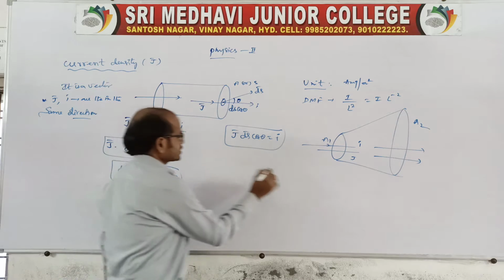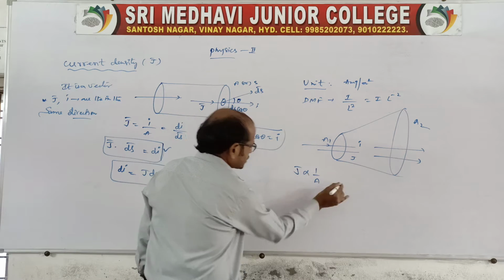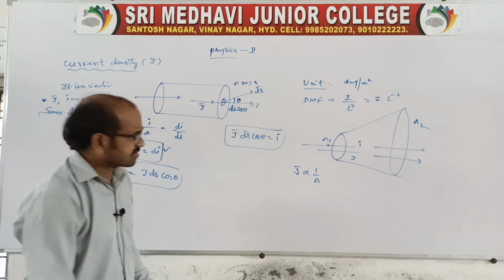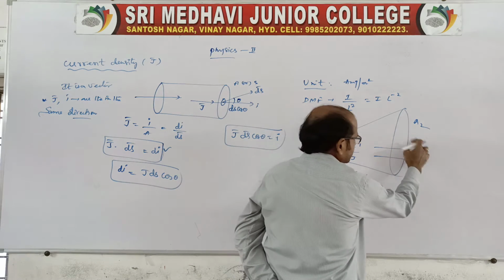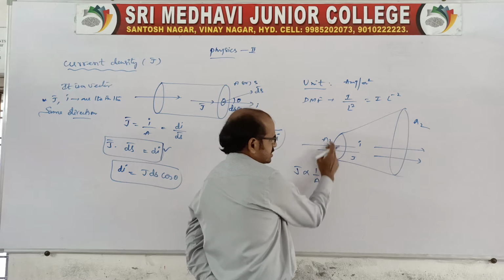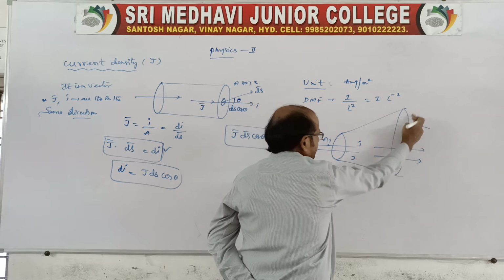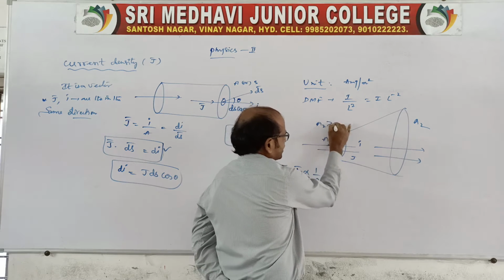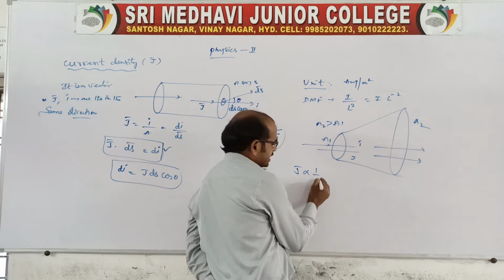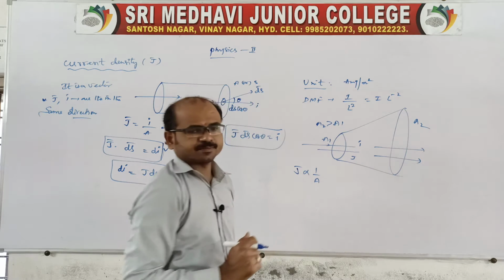Here J is inversely proportional to A. You observe these two ends: this is a small area and this is a larger area, so A2 is greater than A1. When area increases, current density decreases.